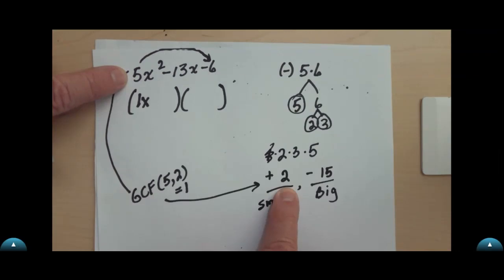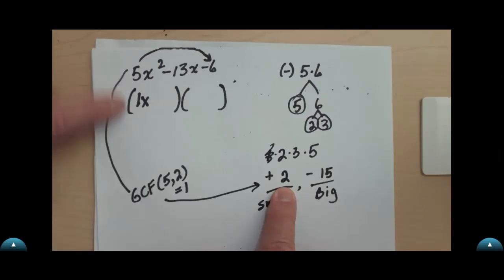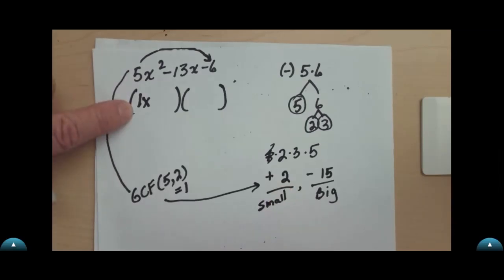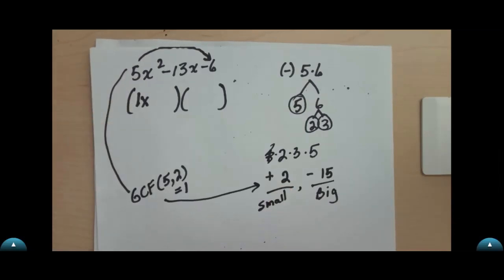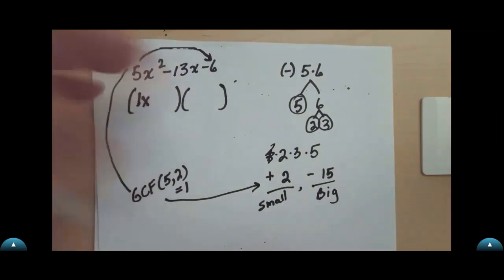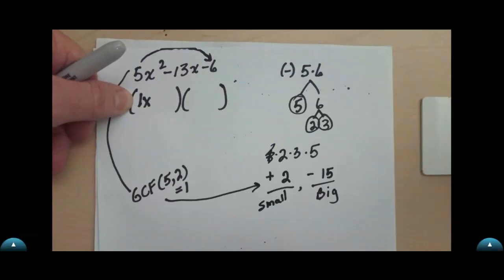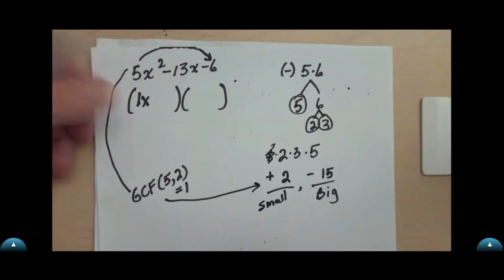So there is no common factor between 5 and 2, which means 1 is its greatest common factor because 1's a factor of everything. But 1 will generally be the smallest common factor, right? Unless it's the only common factor like it is here. Y'all see what I'm saying?